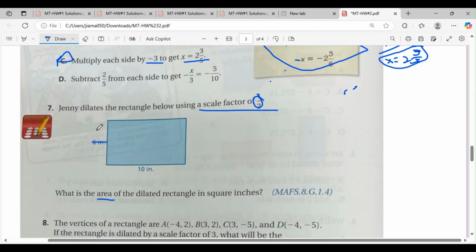Let's say this side is 3. And 10 times 1 divided by 2 equals 5. Let's say this is 5. Then find the area.